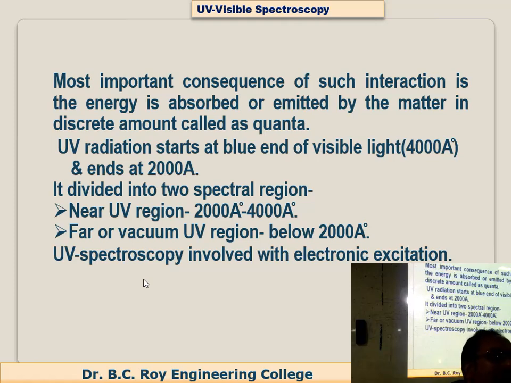Whenever you have a partially filled d orbital, a d transition is possible, which is not possible for sodium and potassium, because d orbitals are not available for such transition. Theoretically they may be there, but they are not available for any transition, and that's why you cannot see that color.